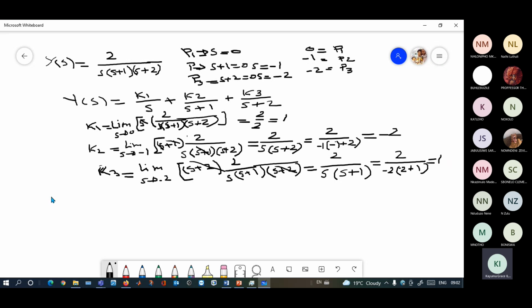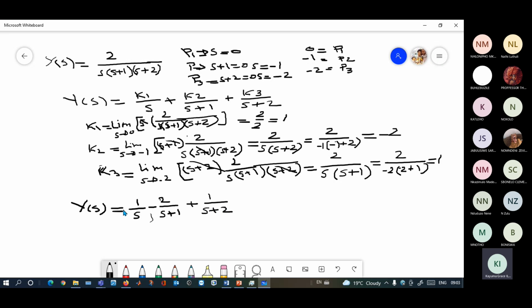Okay, so we know that now we have our Y(s), which is equal to K1, which is 1 over s, plus K2, which is minus 2, so minus 2 over s plus 1, plus 1 over s plus 2.